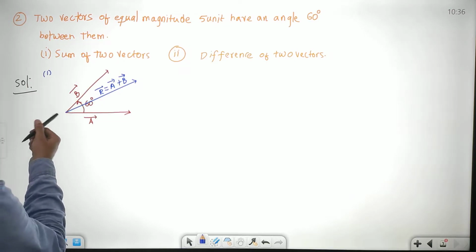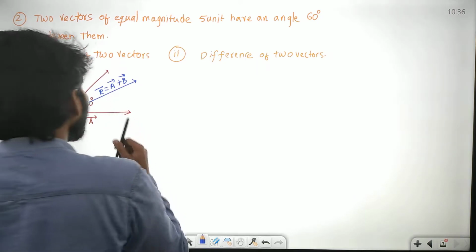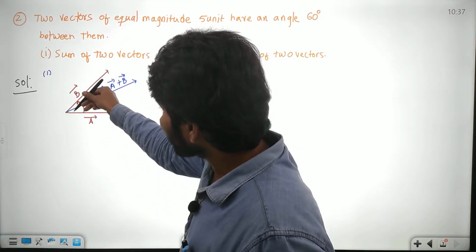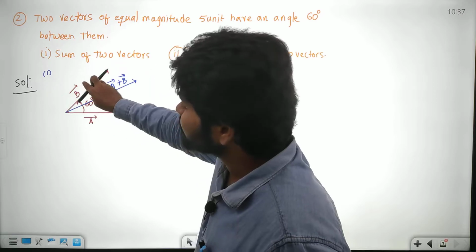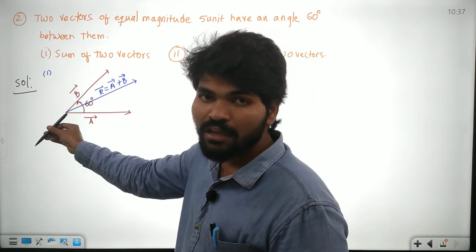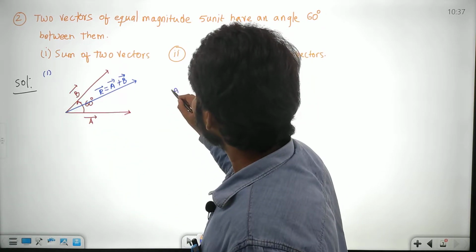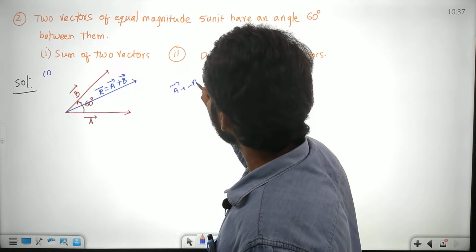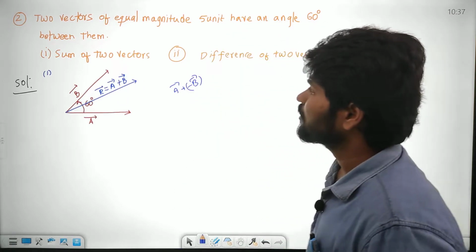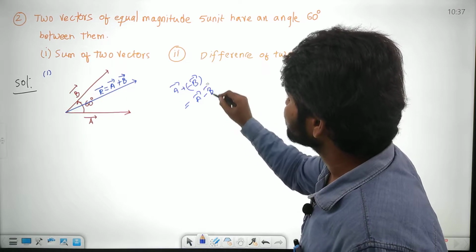So then what is the difference of two vectors? I explained, when the vector is in the reverse direction, then only we get minus B. A vector plus minus B vector gives the A vector minus B vector.